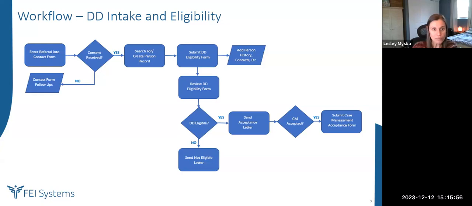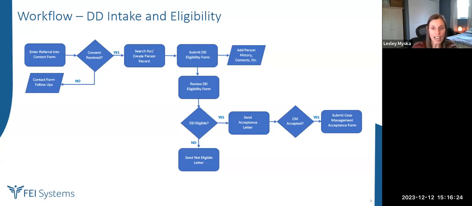If consent is not received, then you just keep updating the contact form with follow-ups. But if consent is received, you do that search. If you don't find the person record, you can create one. And then once that person record has been created, you can create a DD intake and eligibility assessment and complete that either online or offline.